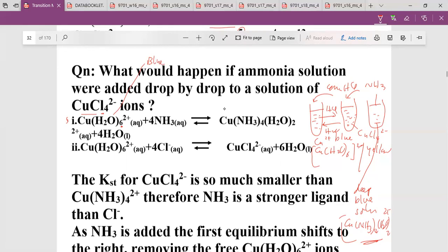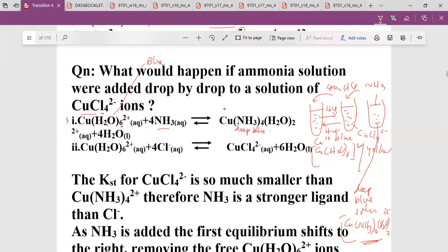You put ammonia inside, it will exchange and replace the water. Actually it goes step by step: kick out 1 water, then 2 waters, 3 waters, then finally 4 waters come out. Maximum, it won't go to 6. So as you put more in, it becomes a deep blue solution.